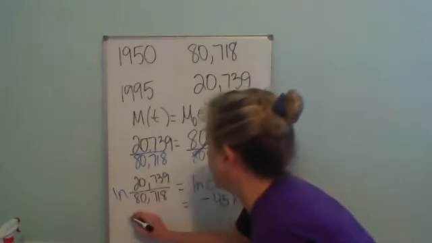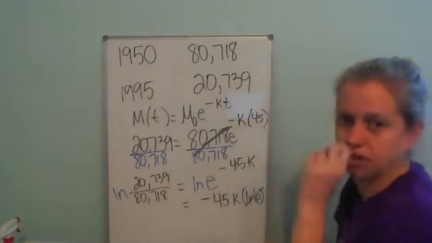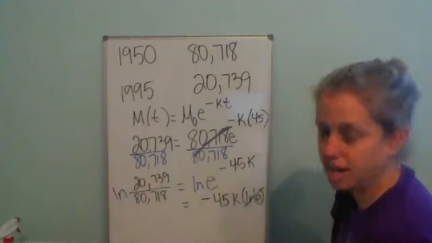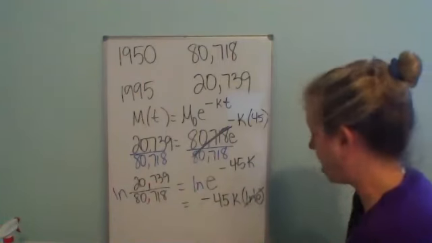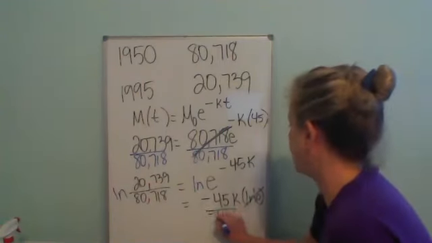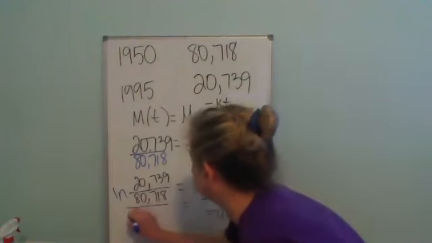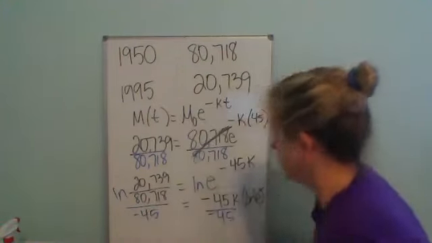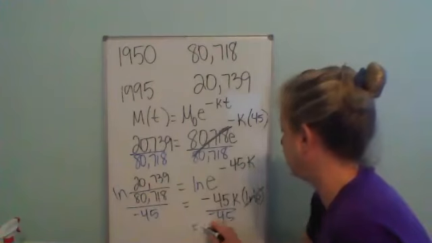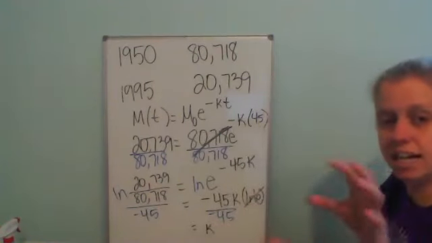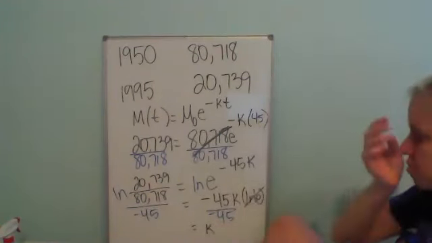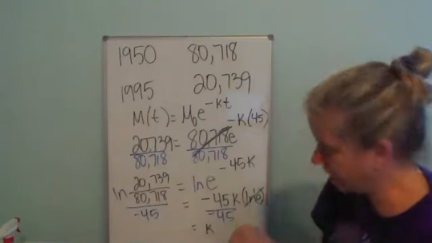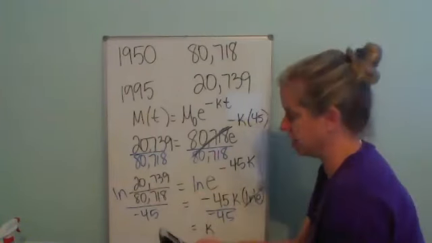So ln over here, I just have ln of that crazy fraction. Now, how do I get k by itself? I'm going to divide by negative 45. So that's going to give me my k, which is going to be the rate at which I'm declining.